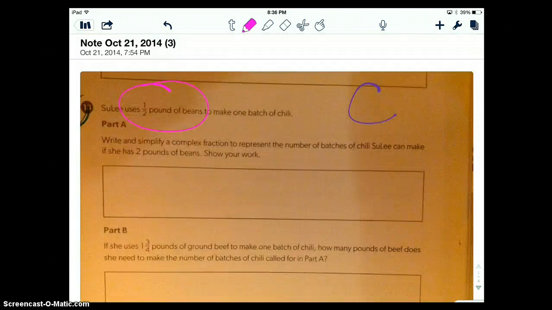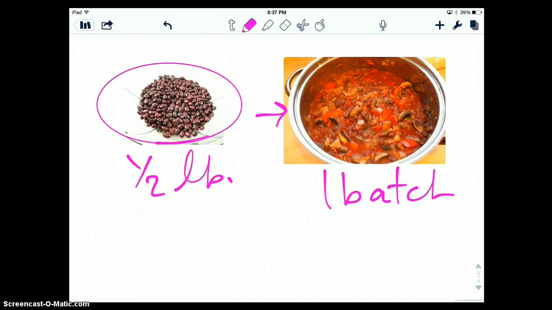Then it said make a complex fraction. So I'm going to make a fraction where one or both are fractions within the fraction to represent the number of batches of chili Sue Lee can make if she has 2 pounds of beans. So now she doesn't have the half pound, she has 2 pounds of beans.